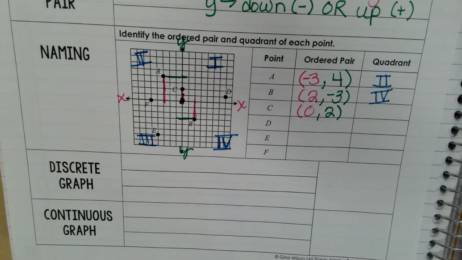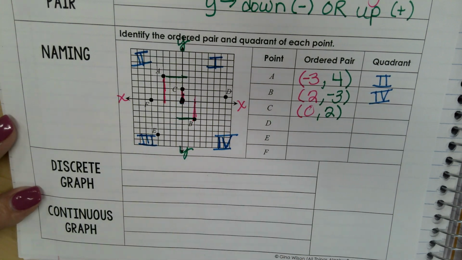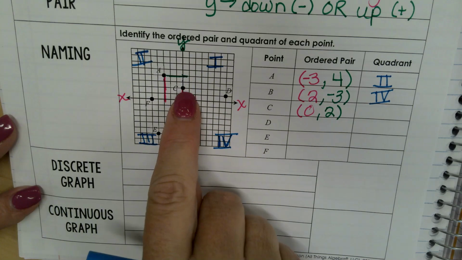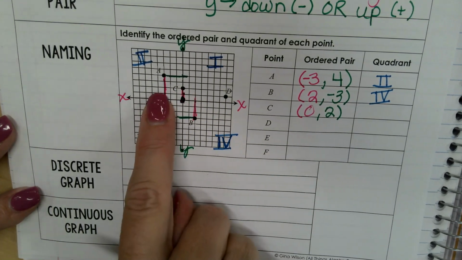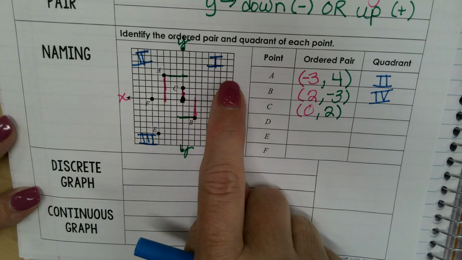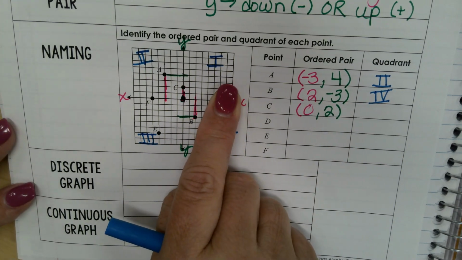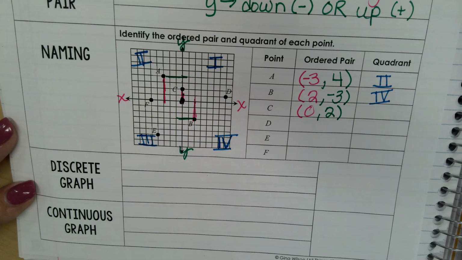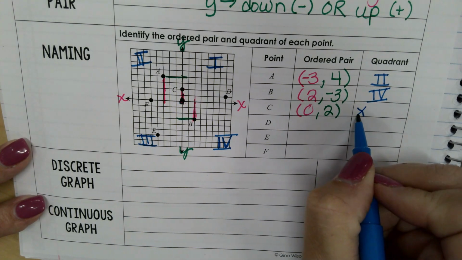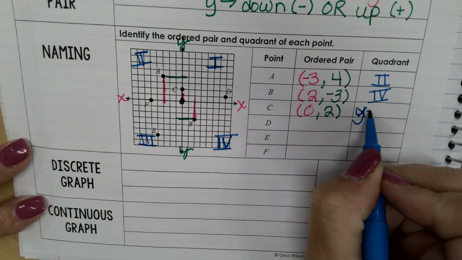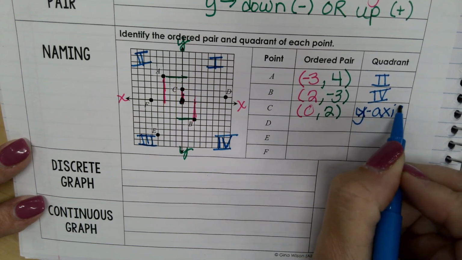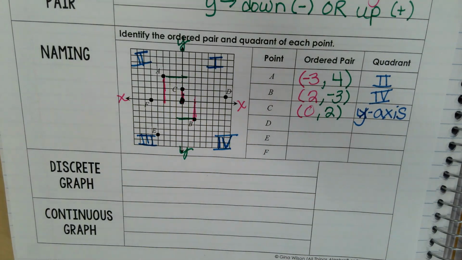What quadrant is it in? Okay, it's on the y-axis. So point C is not in quadrant 2. It's not in quadrant 1. You can't say it's in between quadrant 1 and 2. It is on the y-axis.